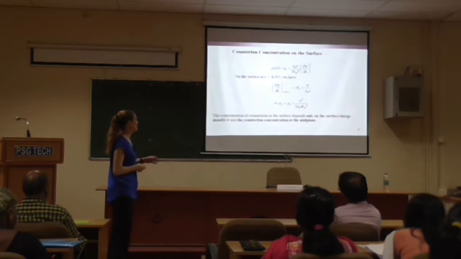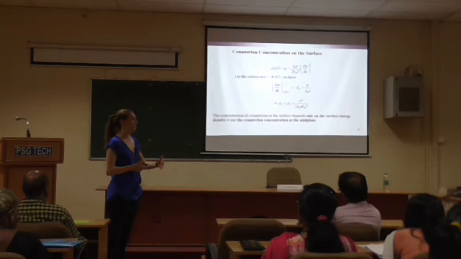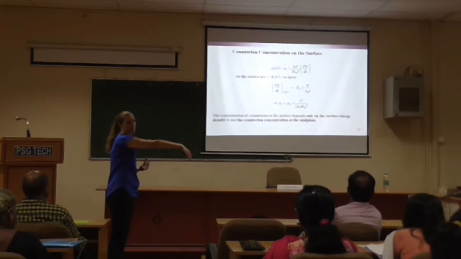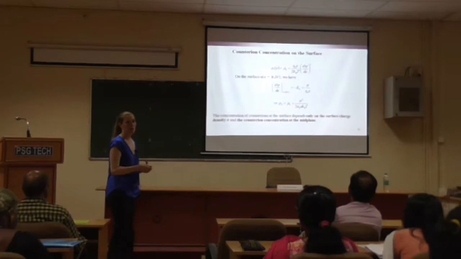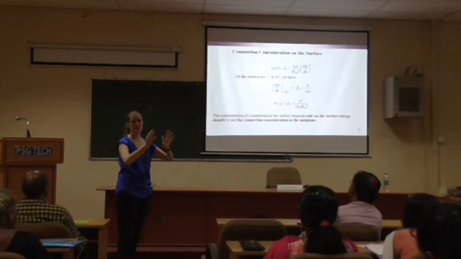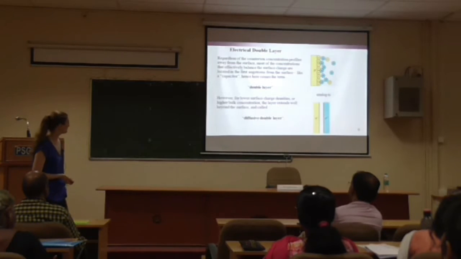The concentration of the counterions on the surface ends up depending on the surface charge density of my surface or protein or whatever, and the ion concentration at the midplane. When I have my surface away from anything, it's at bulk. But if I have two surfaces coming together, the concentration ends up building up, so I have to look at the midplane of the two surfaces.